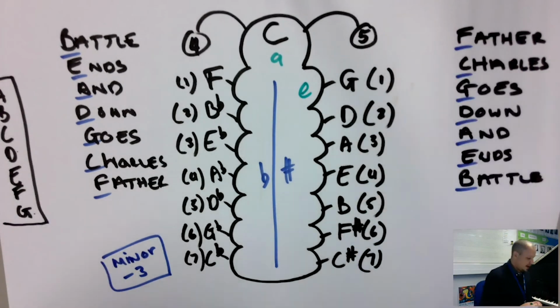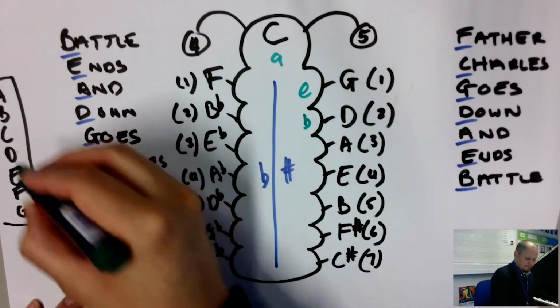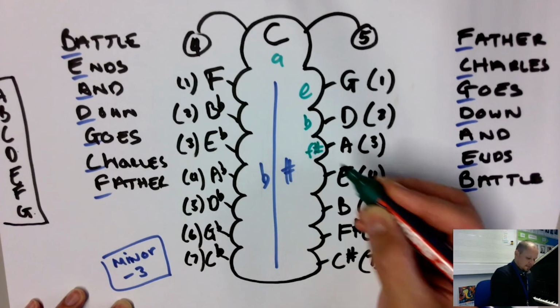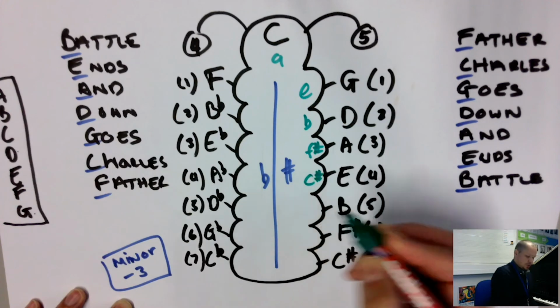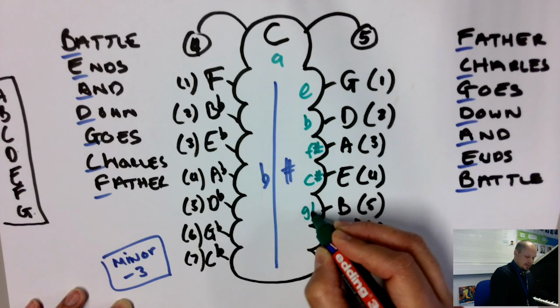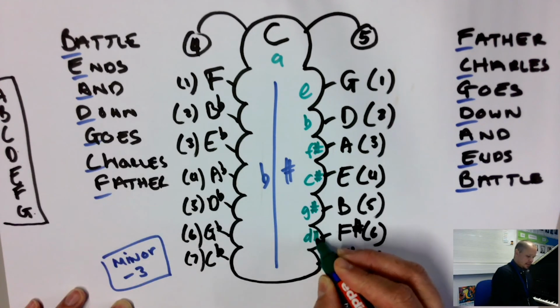So let's do it for the others. D, C, B, A, G, F sharp, E, D, C sharp, B, A, G sharp, F, E, D sharp, and then C, B, A sharp.